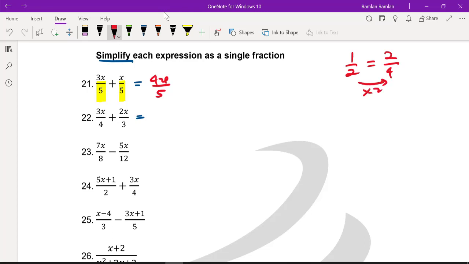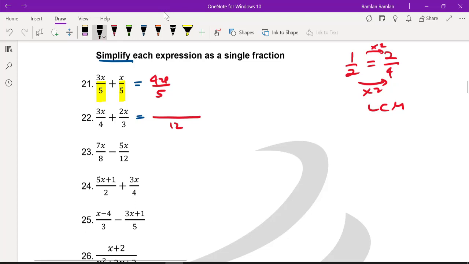Because I am multiplying by the same exact number. Now, if we are adding or subtracting and want to make the denominators the same, you need to find the LCM, the lowest common multiple, or the least common multiple. The least common multiple of 4 and 3 is 12, right?